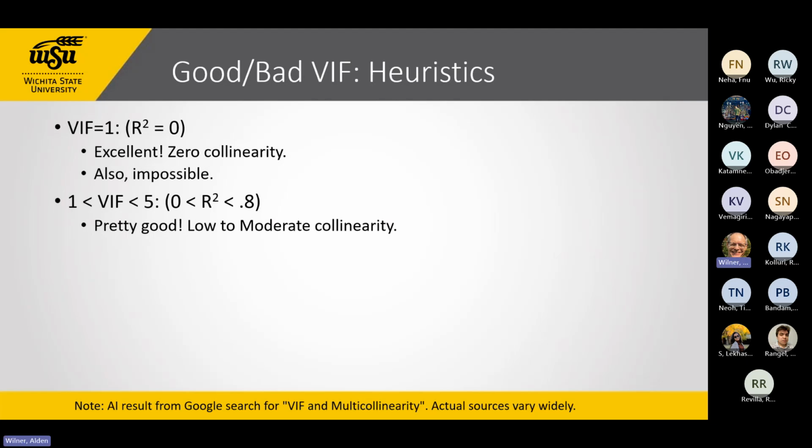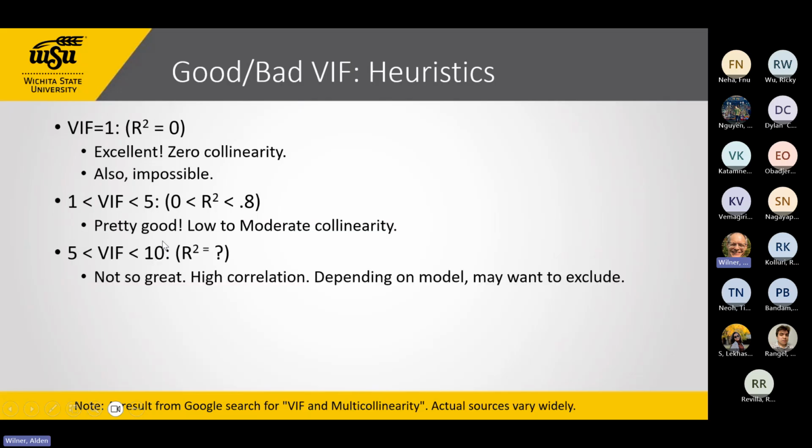A VIF between 1 and 5, or an R squared between 0 and 0.8, is pretty good, low to moderate collinearity. And again, R squared is saying how good a predictor these features are of our target. So when we have a high R squared, that says the other features are really good at predicting this particular target, and our variance inflation factor comes out between 5 and 10. We say this is a high correlation, we may want to exclude it.